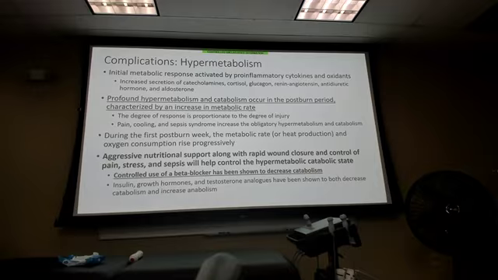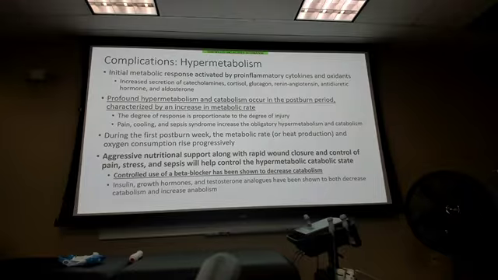You have profound hypermetabolism in a post-burn period, and so these people need extra nourishment. They need extra protein, extra food, if we can get it in there, because they are going to go through all of their energy stores very, very quickly.